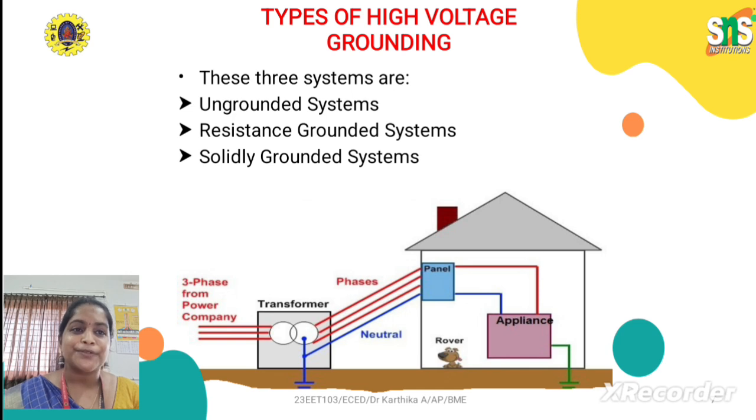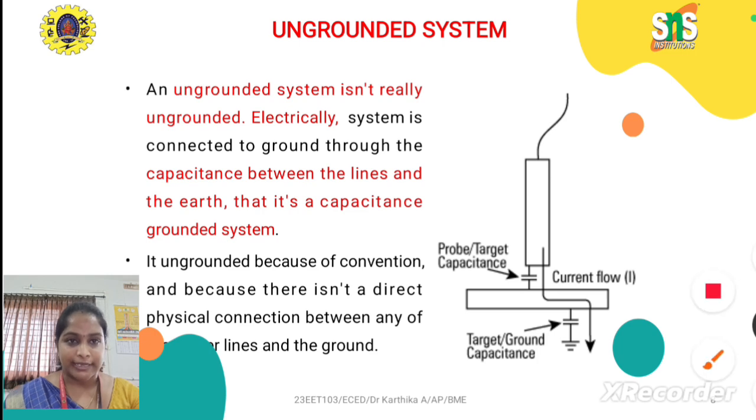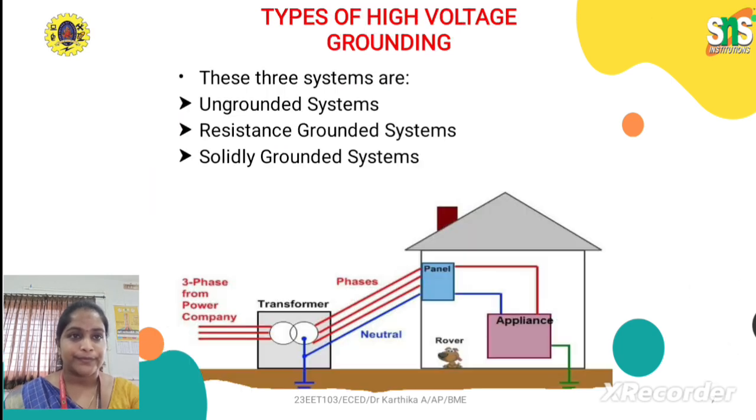Types of high voltage grounding. Here we have three types of systems: ungrounded systems, resistance grounded systems and solidly grounded systems. See the diagram. In this diagram, a three-phase power supply is fed into the transformer. Actually it has three phases.